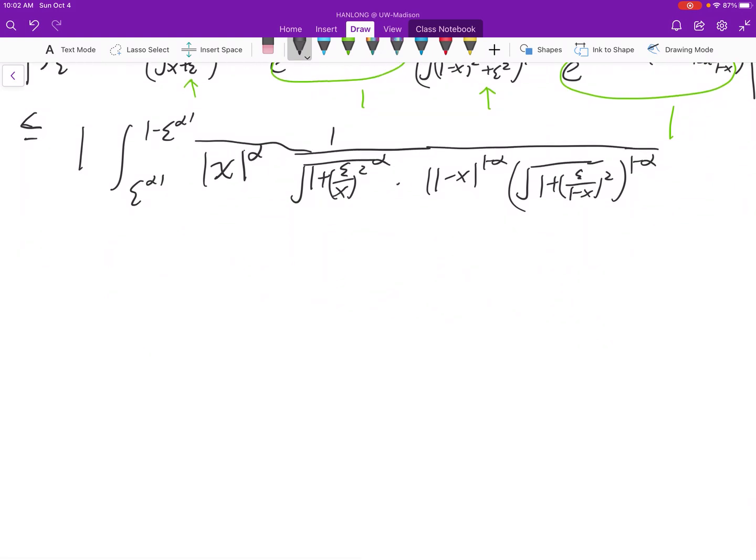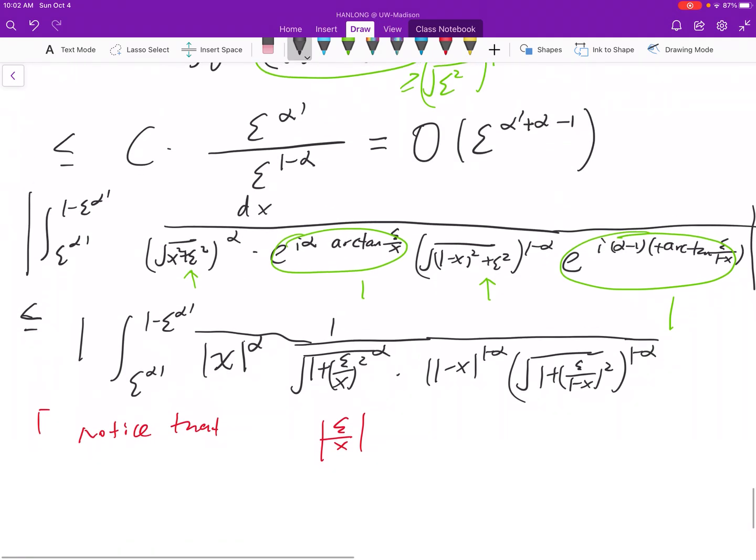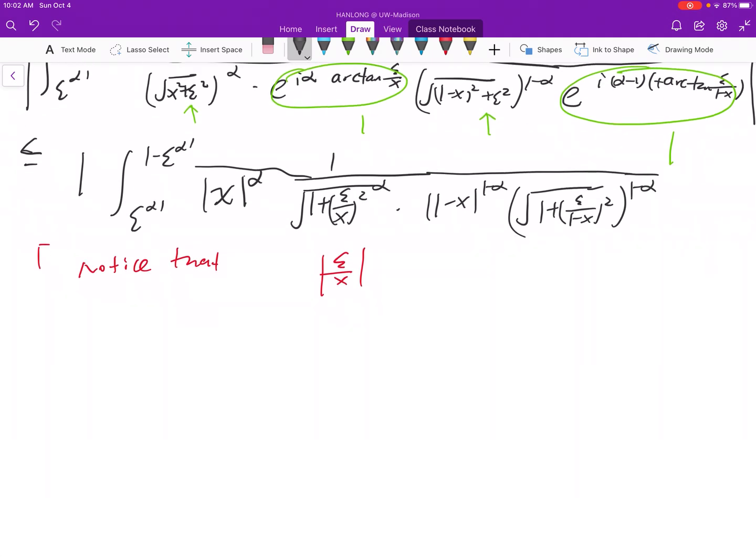Okay, then notice that epsilon over x is very small, because it's less than or equal to epsilon over epsilon to the alpha prime, which is epsilon to the 1 minus alpha prime.